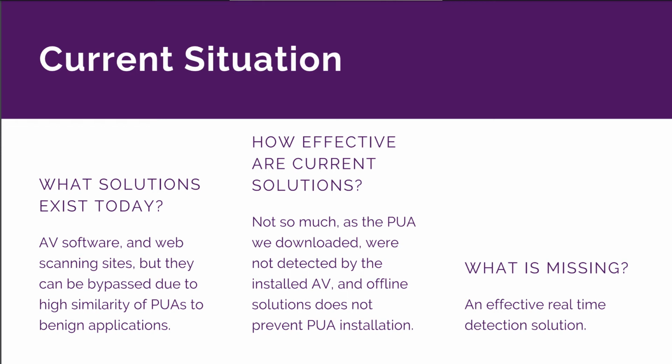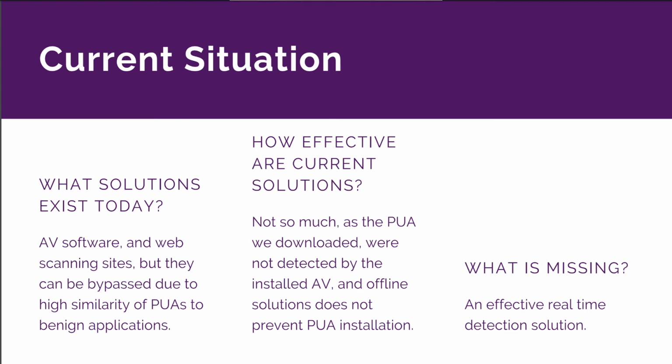So how effective are our current solutions? Well, from previous research and from this research, not so much, as the PUAs we downloaded were not detected by the installed antivirus, and offline solutions like VirusTotal do not prevent the PUA installation, and it is not likely that users will upload a file to an external server every time they want to install something.